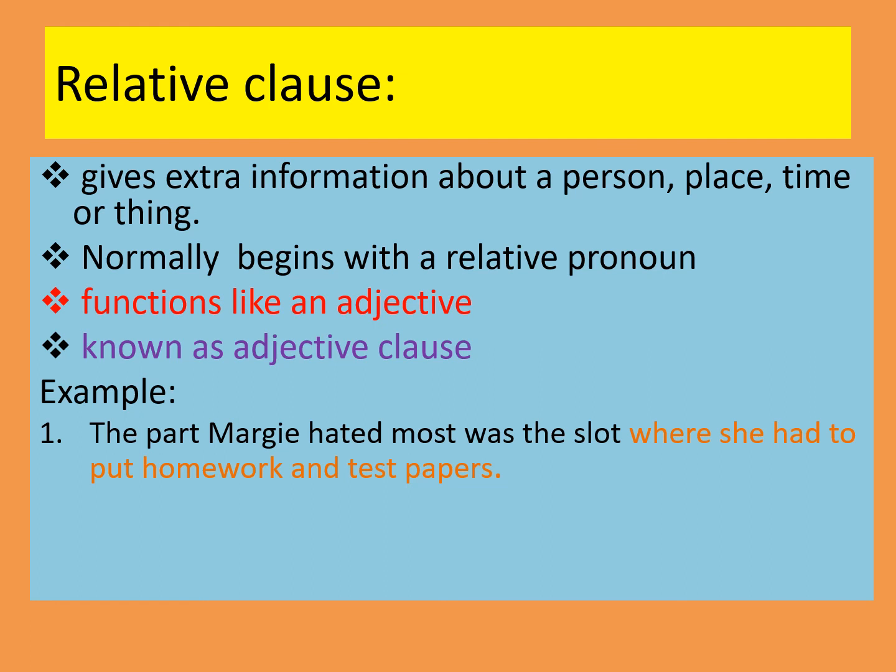And this relative clause began with the relative pronoun where. So here the relative clause is modifying the noun slot. So it is functioning like an adjective. So we can also call this relative clause an adjective clause. Students, have you seen all the rules have been satisfied with our example?